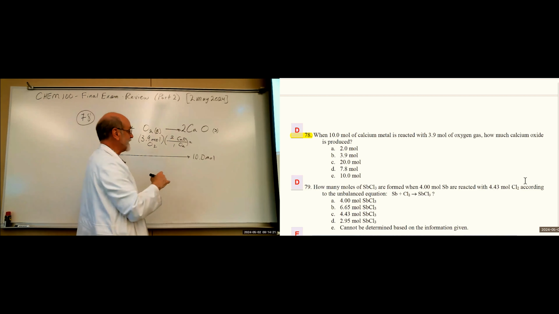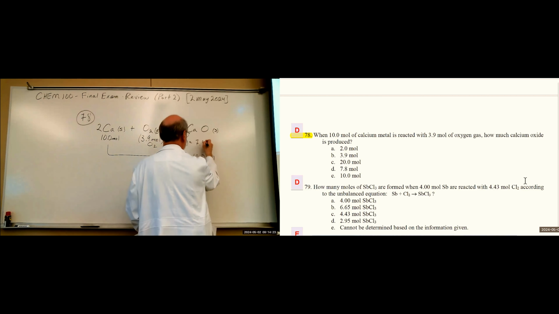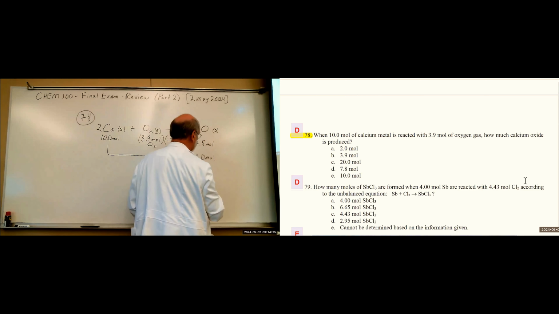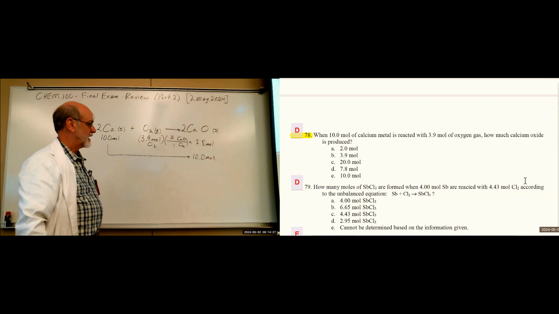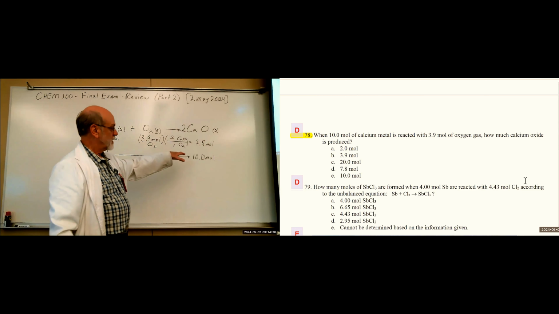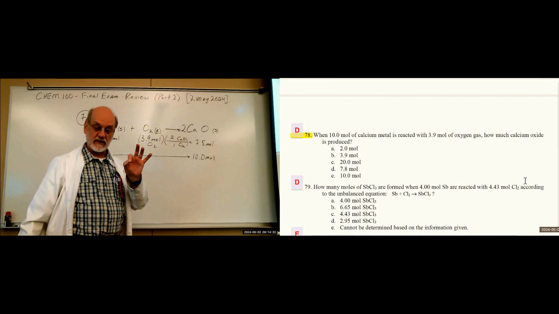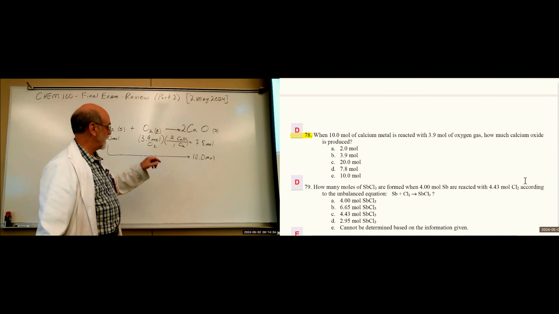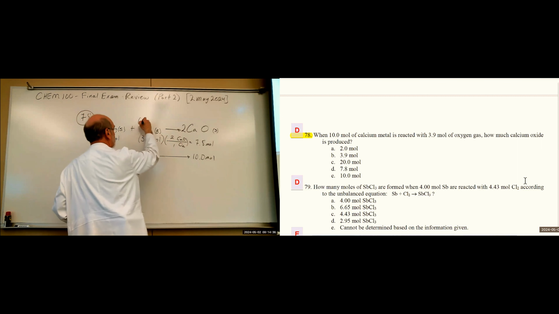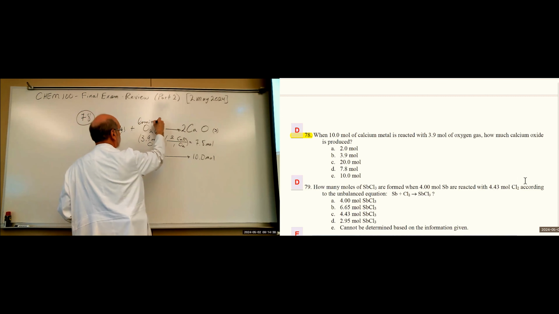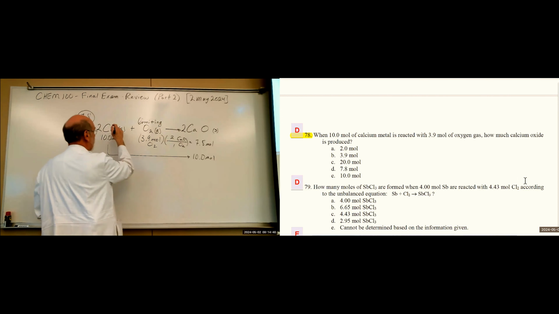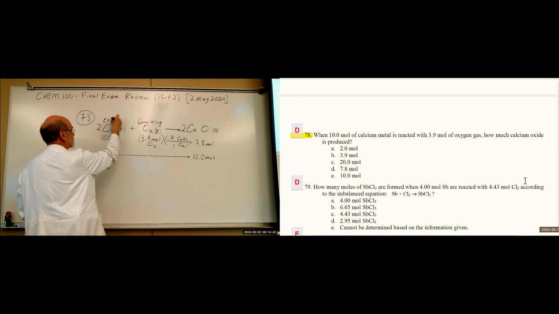So 7.8 moles will be produced. Then you compare. The one that produces the least amount is the limiting one. That means this is limiting, and calcium is in excess.